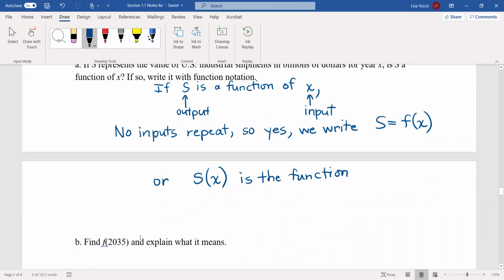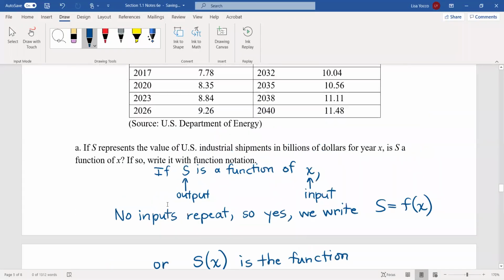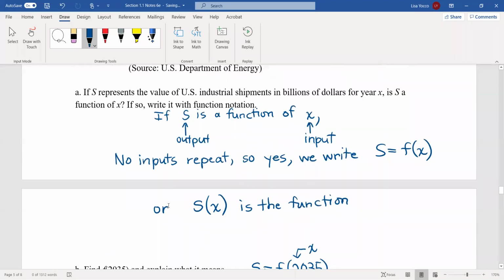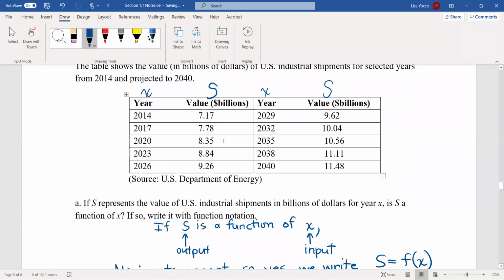Okay, find f of 2035, so S equals f of 2035. So 2035 is the X. Got to go back up to the table. What S value goes with 2035?